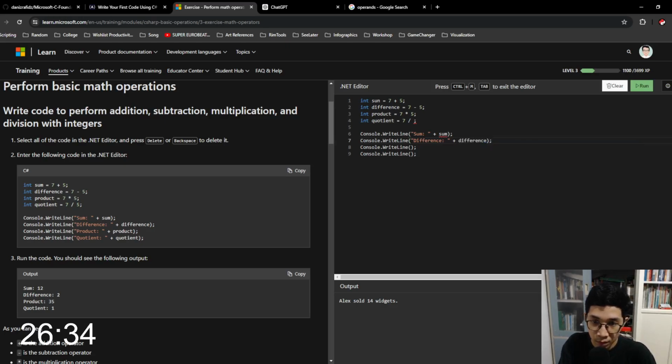Difference, and then product, quotients, quotient. Did I spell right?